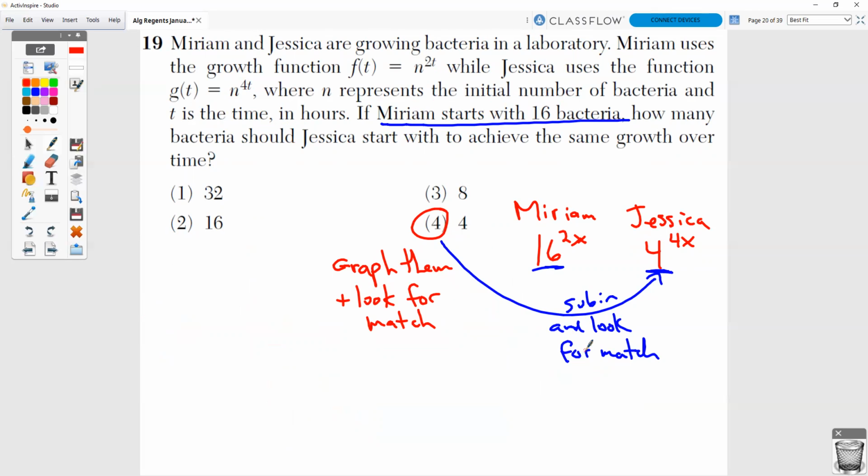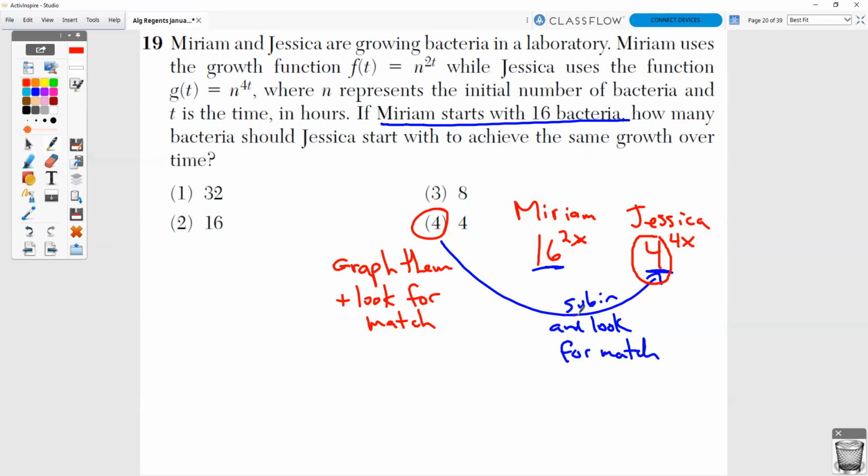So you want to know when they're going to be equal to each other, when they look exactly the same. Miriam starts with 16, so we need a 16 here. We want to know which of these choices I could put here for Jessica to make these two equations the same. Well, it's going to be the 4.